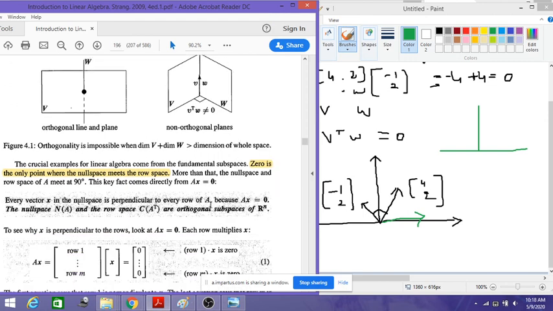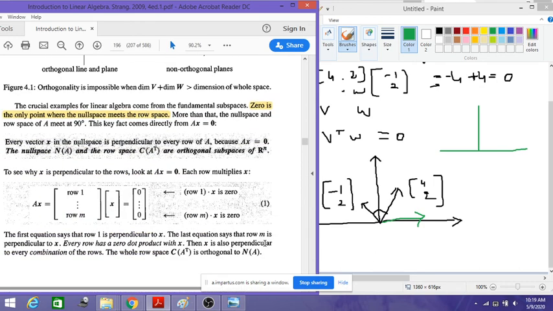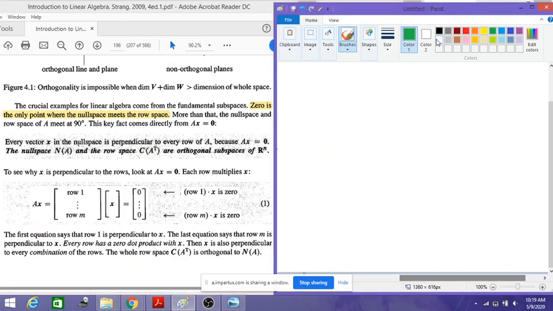So the main important point is that 0 is the only point where the null space meets the row space. When we look at the previous diagram that we had written, where the row space and the null space are meeting, let me write the same previous diagram.